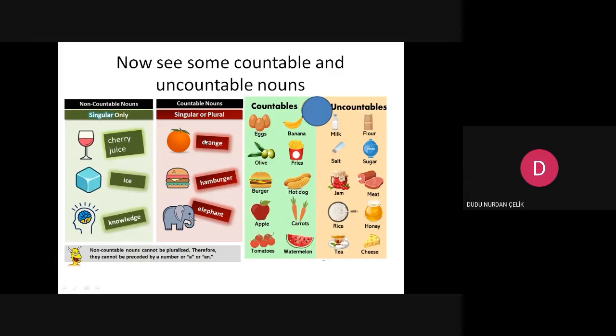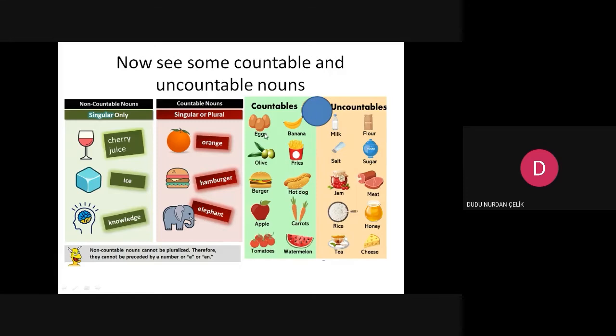Both can be used. You can say an orange, or you can say 2 oranges, full of oranges, or a basket of oranges. Hamburger, a hamburger, or many, a lot of hamburgers. An elephant, or 2 elephants maybe.